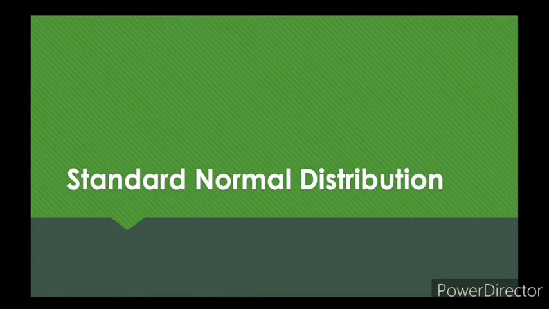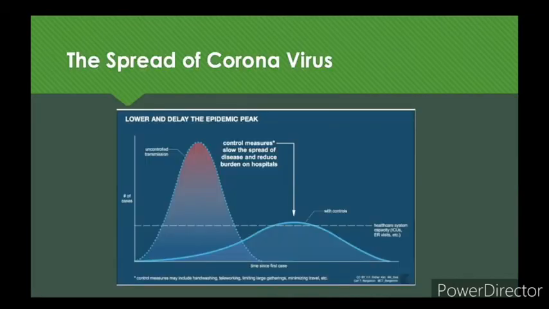Before we discuss the main material of this topic, I want to show you this curve. Recently this kind of curve is really familiar because it shows the spread of coronavirus. These two curves are actually the same, but the difference is only the time.